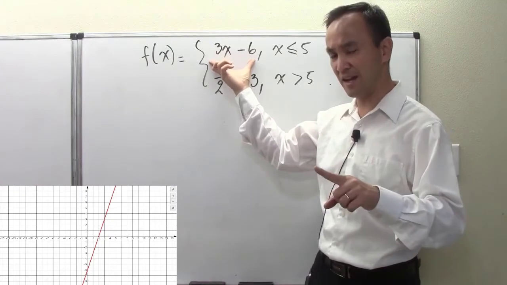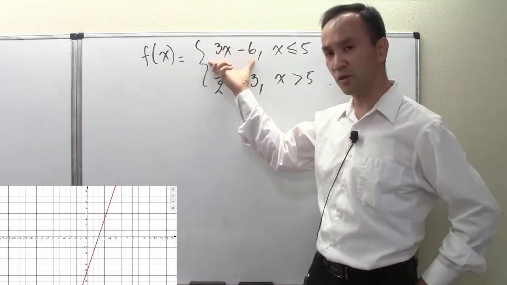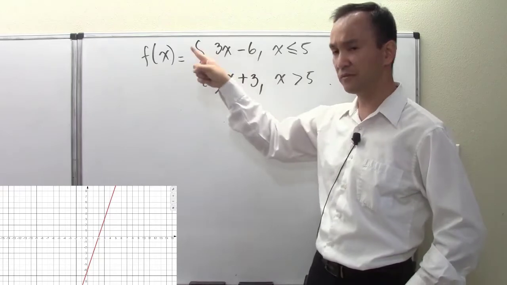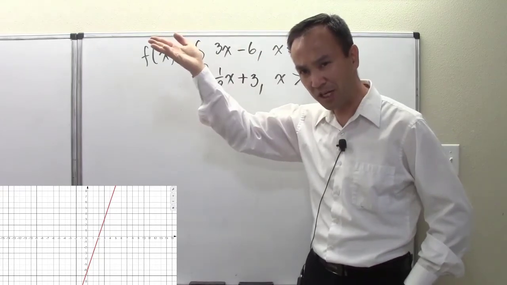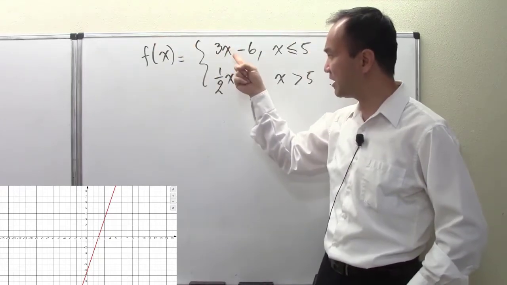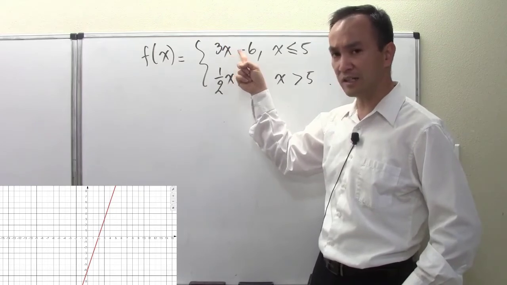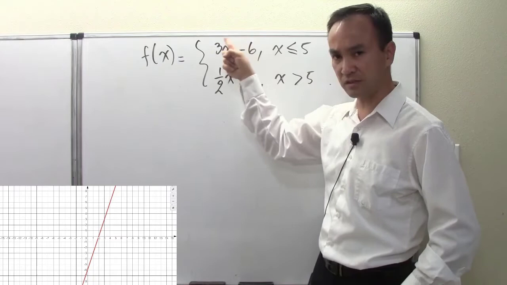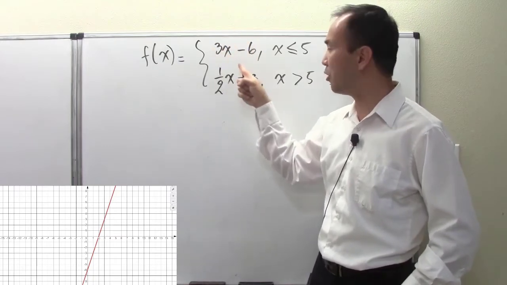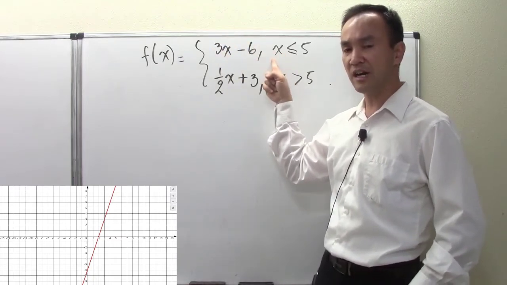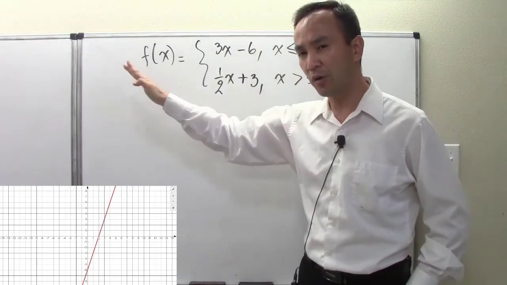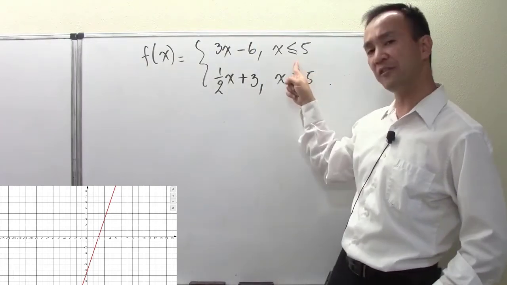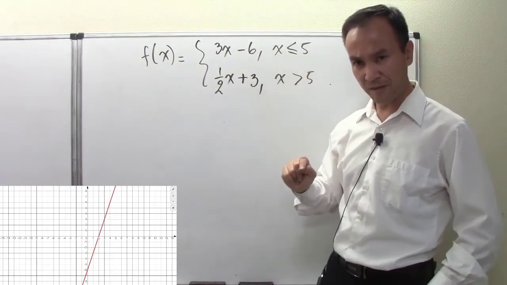Once we have looked at the rule, here comes the next thing. Recall, our function is a piecewise function, so this rule is not the only rule. It is only applicable when we have chosen an x value less than or equal to 5.